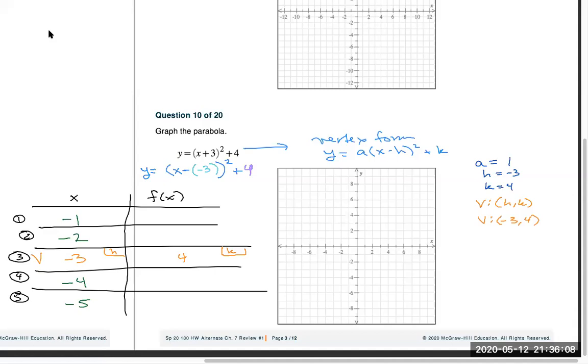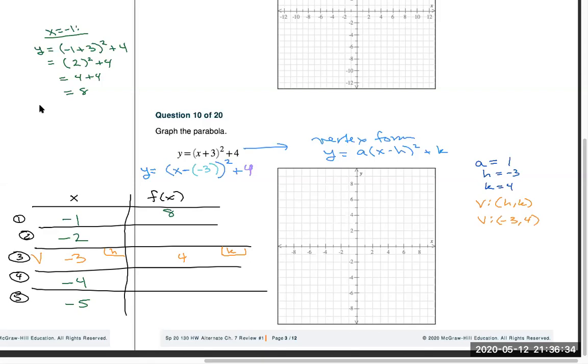So up here, when x is equal to -1, you have y equals -1 plus 3 squared plus 4. That's 2 squared plus 4. That's 4 plus 4, which is 8.